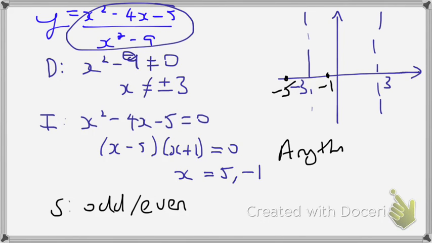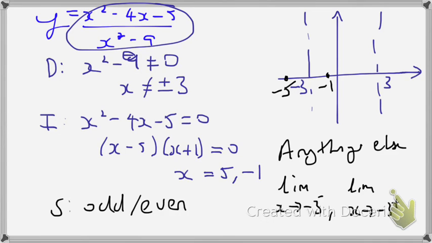So one of the things that fits into the anything else basket is what happens in the sense of limits. So for me, what I want to think about are the limit as x approaches minus 3 from below, the limit as x approaches minus 3 from above, and then the same thing for it approaching positive 3, and then later I'll also do infinity.